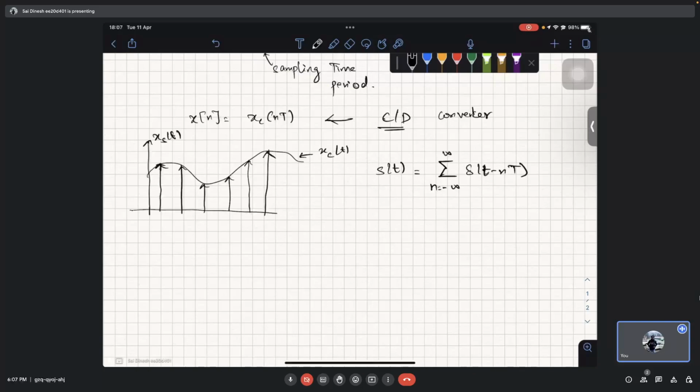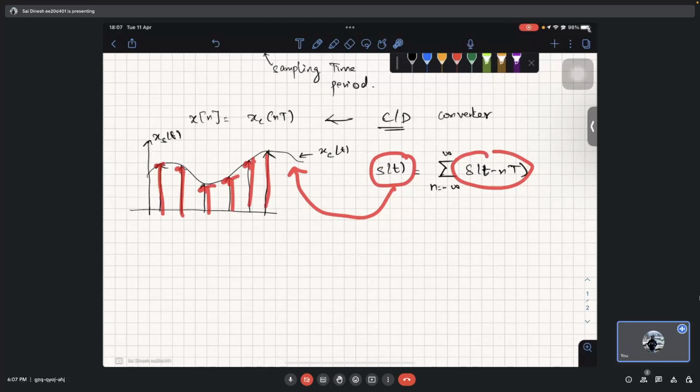Delta is the impulse function, and this is a periodic repetition with sampling period T, so at every T interval there is an impulse. If you multiply this impulse train with the continuous time signal, we get equally placed samples of the continuous time signal.